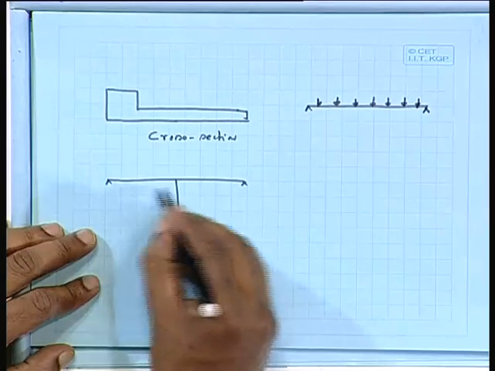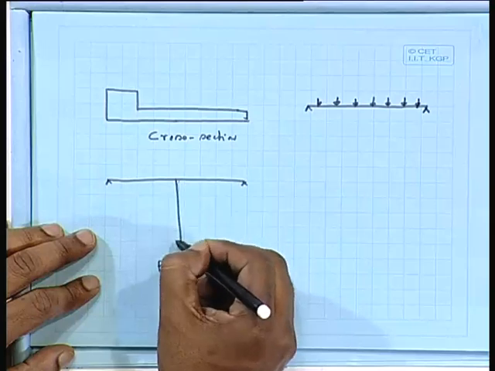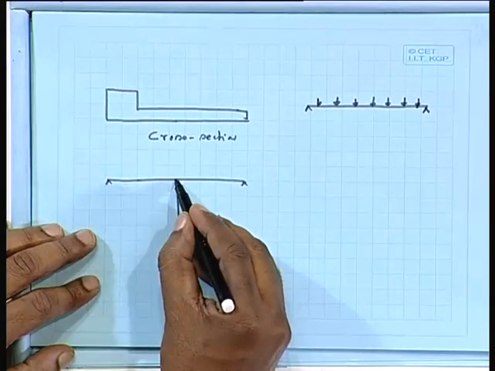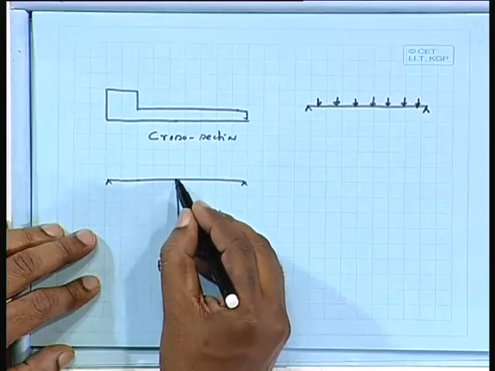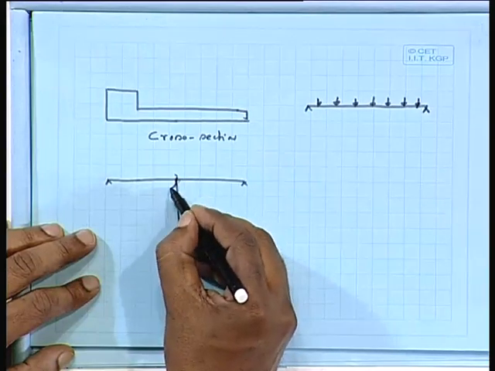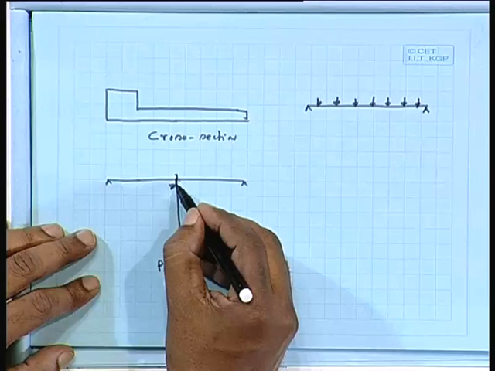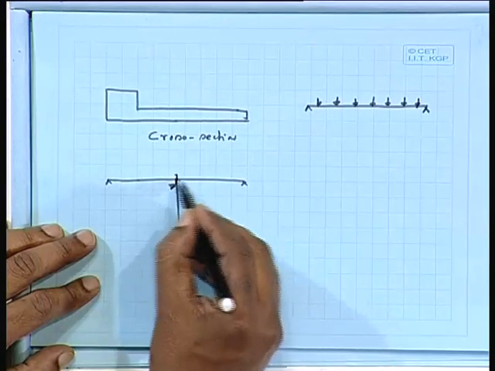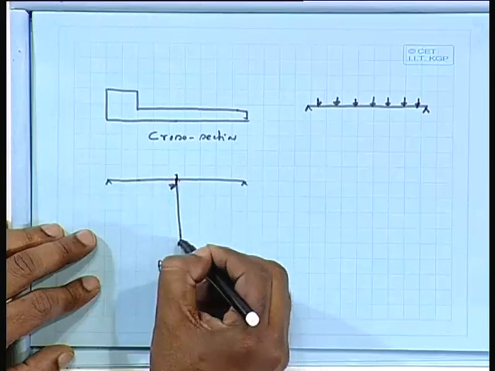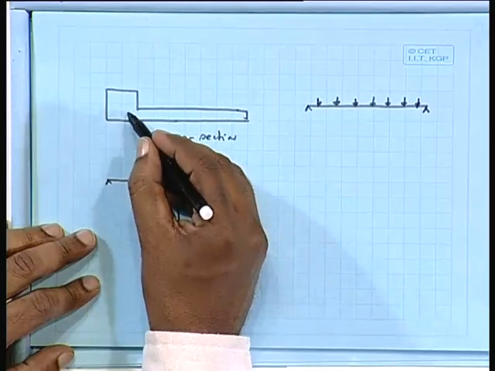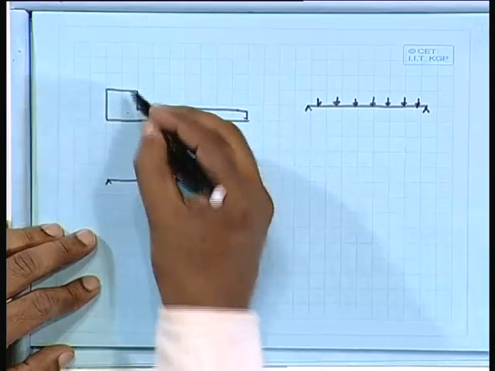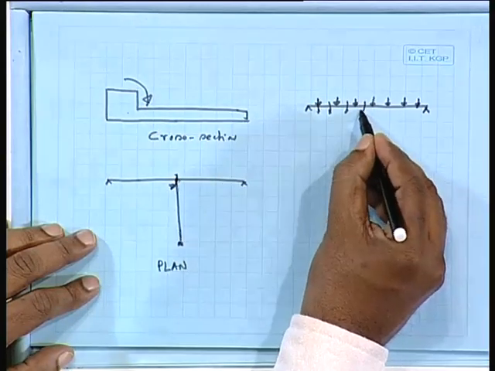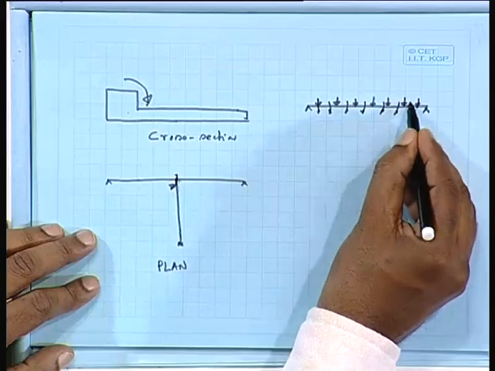So, due to this beam, torsion will be developed at this point, because this beam will apply a certain kind of torsion like this, and for that also it will be designed, but that torsion is only applicable at this point, or maybe you can say over the width of this beam, whereas in this case this torsion is applicable over the whole beam from one end to the other end.